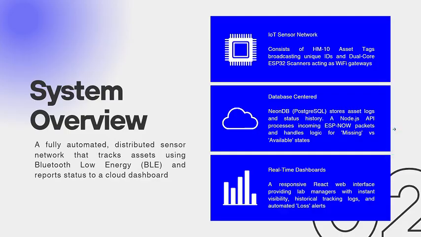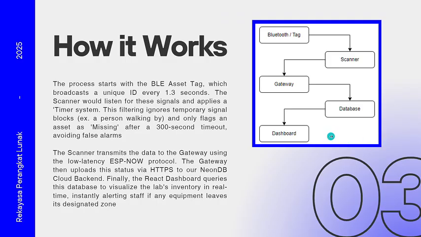The system uses an IoT sensor network, a database using Neon database, an API using Node.js, and a real-time dashboard using React. It works by having the Bluetooth tag broadcast a unique ID every 2 seconds.